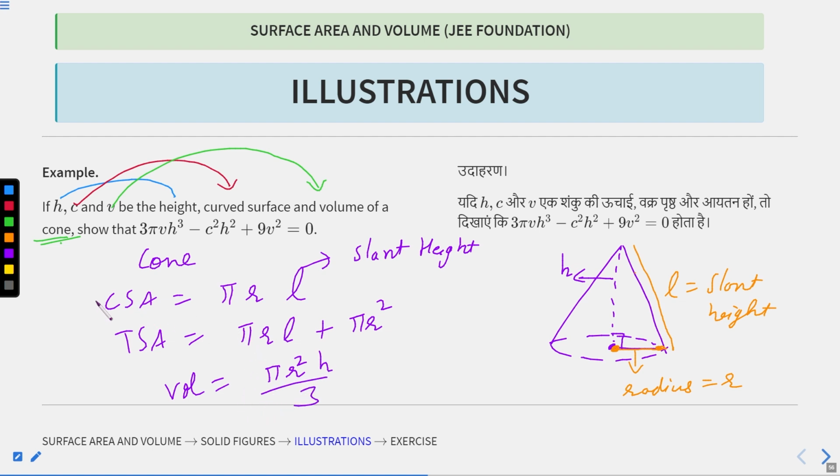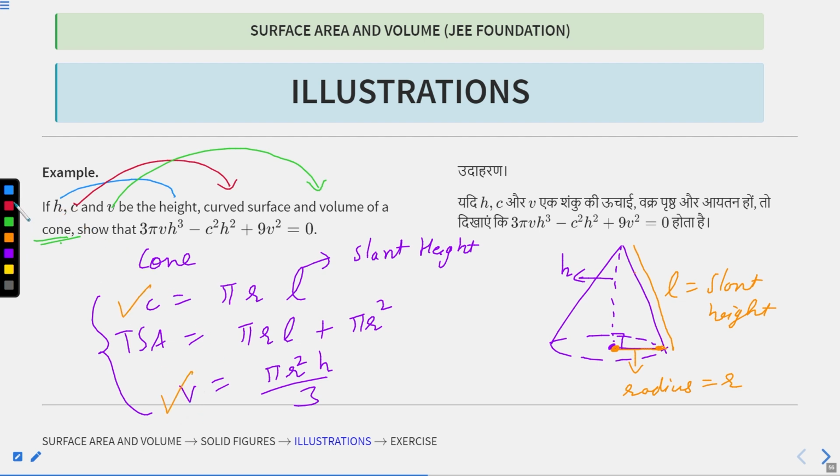Okay, so we have all of these things. That means CSA is just C, H is my H, and the volume is my V. I am going to use this one and this one.